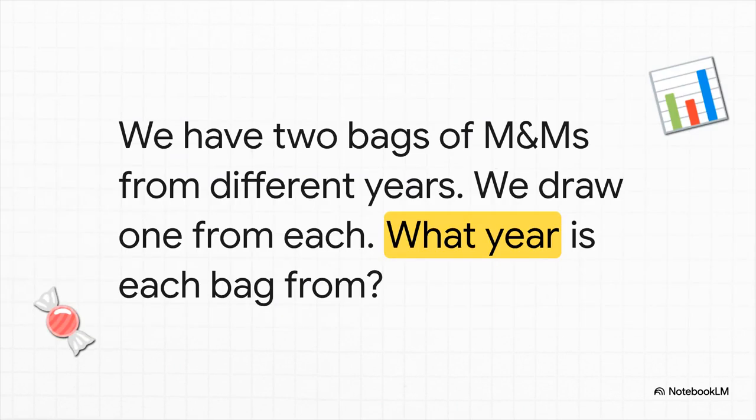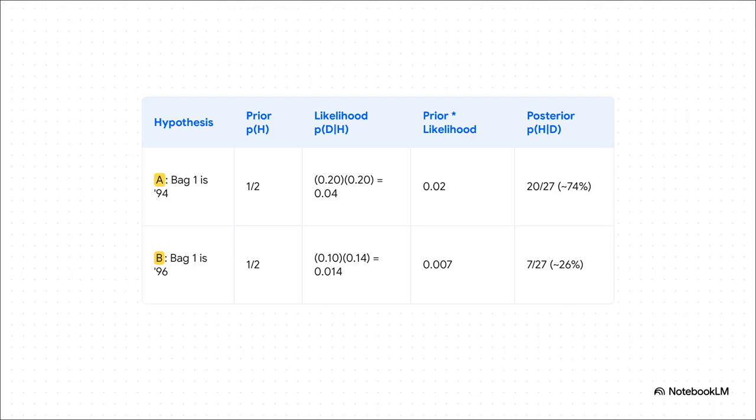All right, let's take this recipe for a spin with another great example from Think Bayes. This time, it's M&Ms. We have two bags from two different years, and the mix of colors is different in each. We pull one M&M out of each bag. One turns out to be yellow, the other is green. Our job is to figure out which bag is from which year. So, check this out. Here's our recipe laid out in a table. We start with our prior, right?